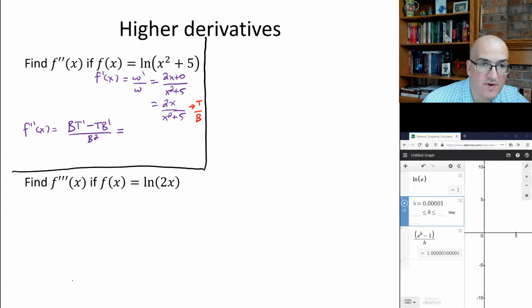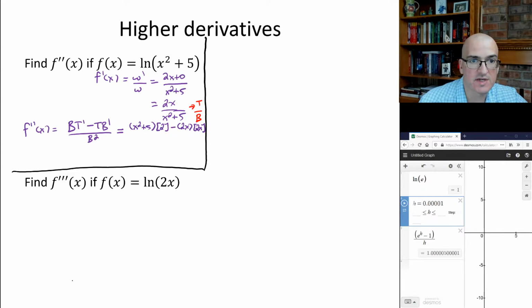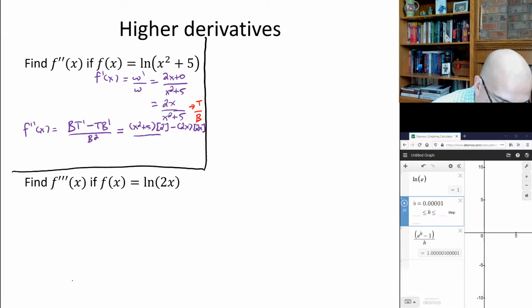So the bottom function is x squared plus 5 times t prime, which is 2, minus the top function, which is 2x, times the derivative of the bottom, which is 2x plus 0, which I'll just say is 2x, all divided by the bottom squared, x squared plus 5 all squared.